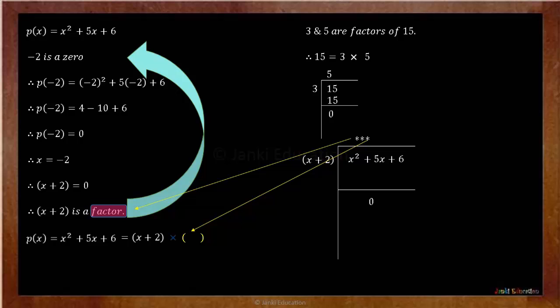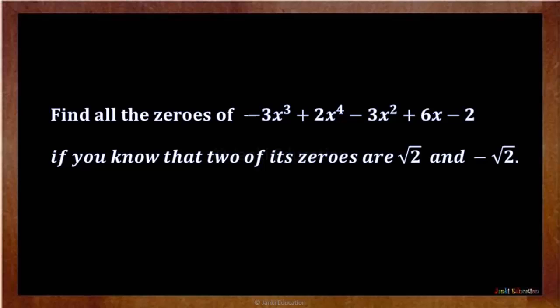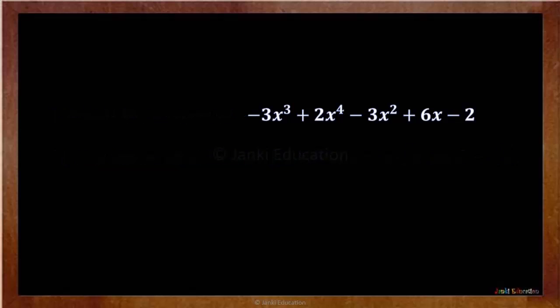Let's go back to our problem. If you look at the polynomial, negative 3x cubed plus 2x raised to 4 minus 3x square plus 6x minus 2, and study the power of the variable x, here it is 3, here it is 4, here it is 2 and 1.